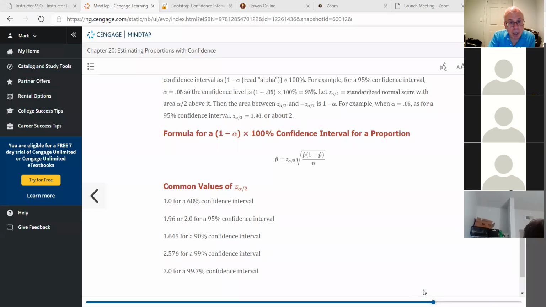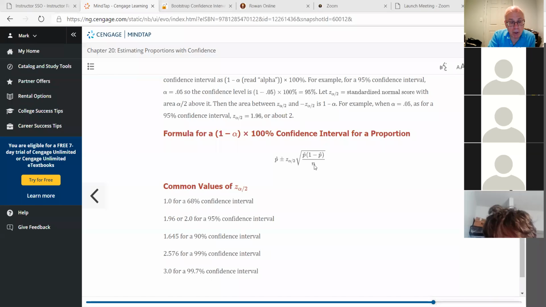All right. I want you to take a look at this formula right here. This is the formula for the margin of error that they talked about in the book. And this small n here represents the sample size.